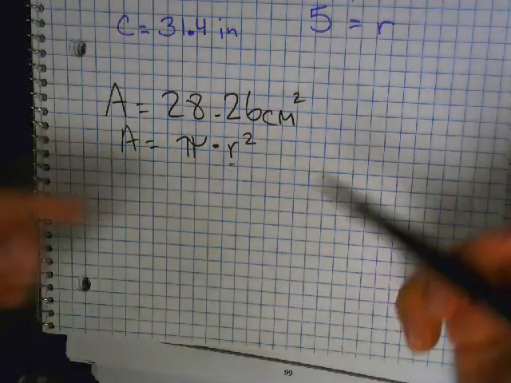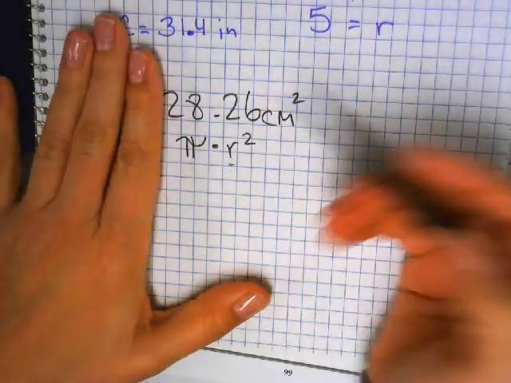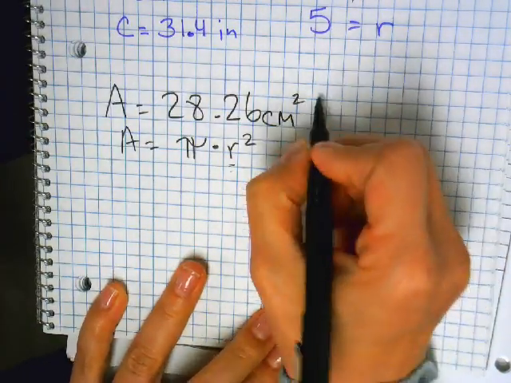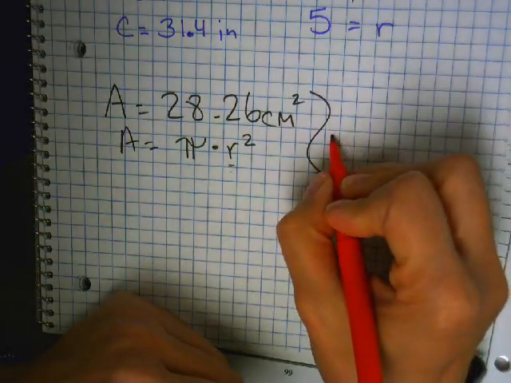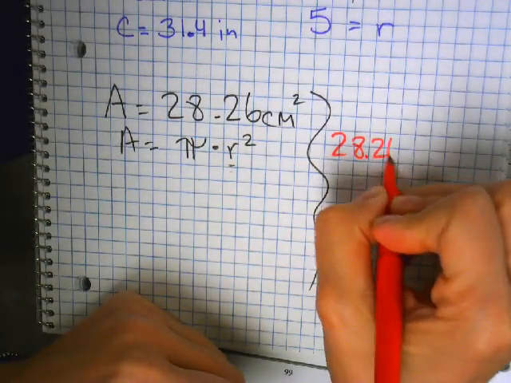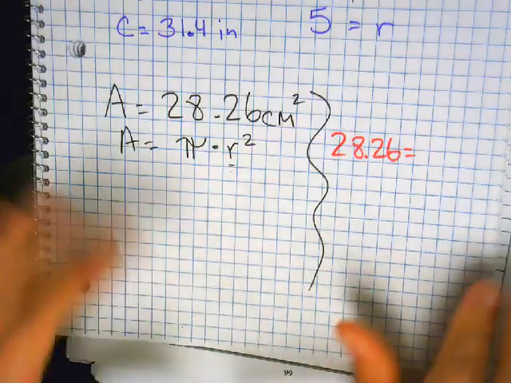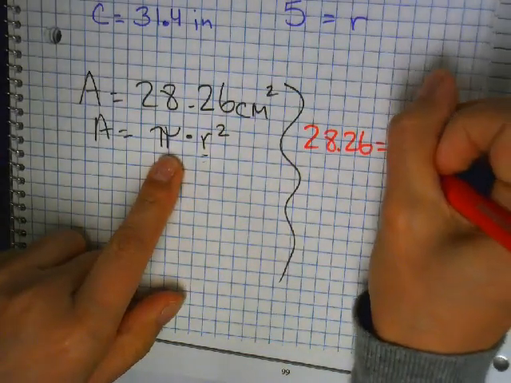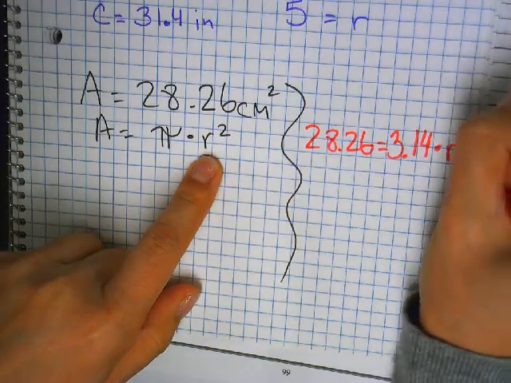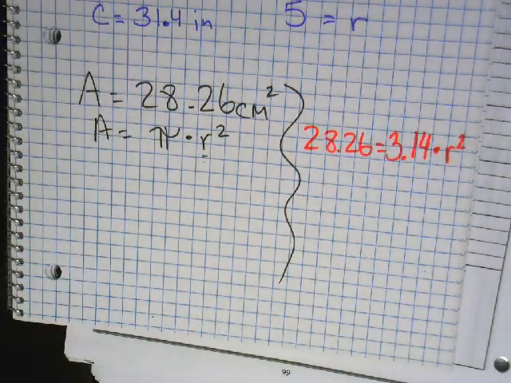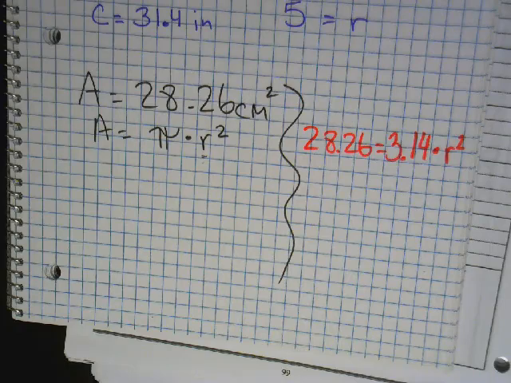But I know that these two are equal to each other, so I'm going to set them equal to each other. 28.26 is equal to pi times radius squared. This is the formula for the area, and this is what the area equals.